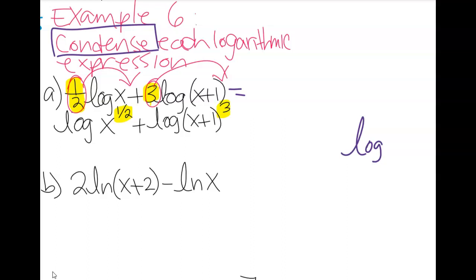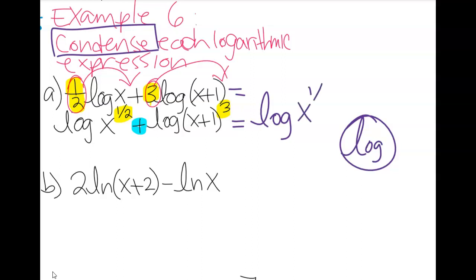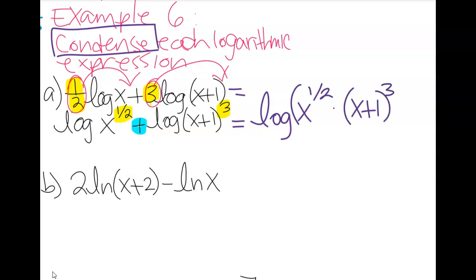Then from there, we notice that we have the sum of two logs adding. And so we're going to go to the log of a product. So this is going to turn into log only once. Remember what I told you, we only want to write it once. So it's going to be log. We don't need to write a base because it is base 10, and it's going to be of x to the power 1/2, and then times, I'm going to actually erase this here, times x plus 1 to the power 3.